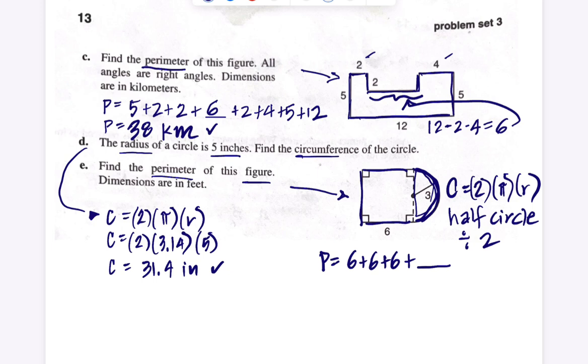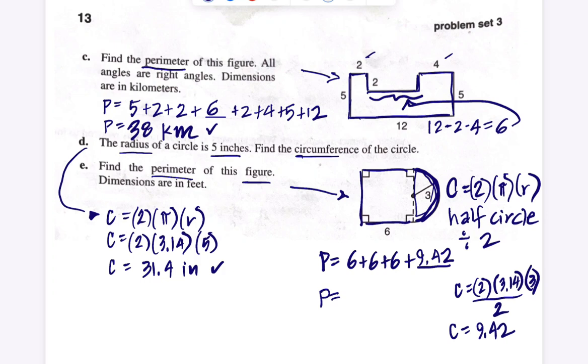Our circumference is going to be equal to 2 times pi, so we've got 2 times 3.14 times our radius, which is 3. Let's not forget to divide that entire value by 2 because it's a semicircle. That's going to give us a circumference of 9.42. We can now use this 9.42 to plug into our perimeter formula for that final value that we have here.